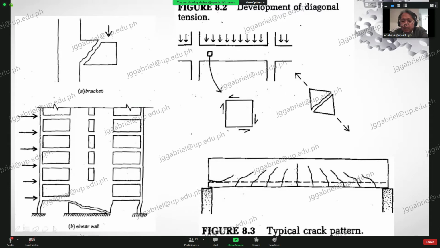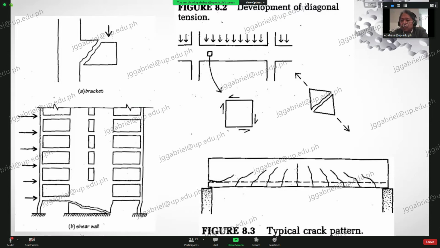Okay, now if you will look at the shear diagram of a simply supported beam, it is lowest at midspan. Shear is lowest at midspan, but moment force is maximum at midspan. That is why if your beam would fail at midspan, it will actually be purely or mostly due to flexural stress.